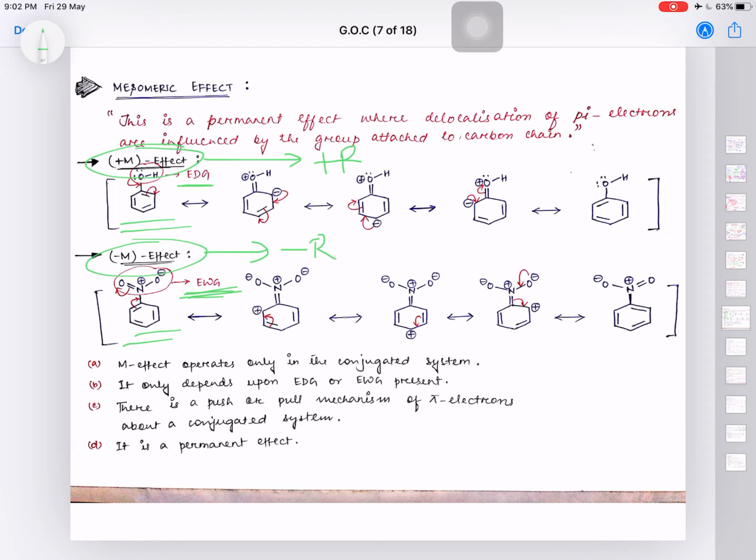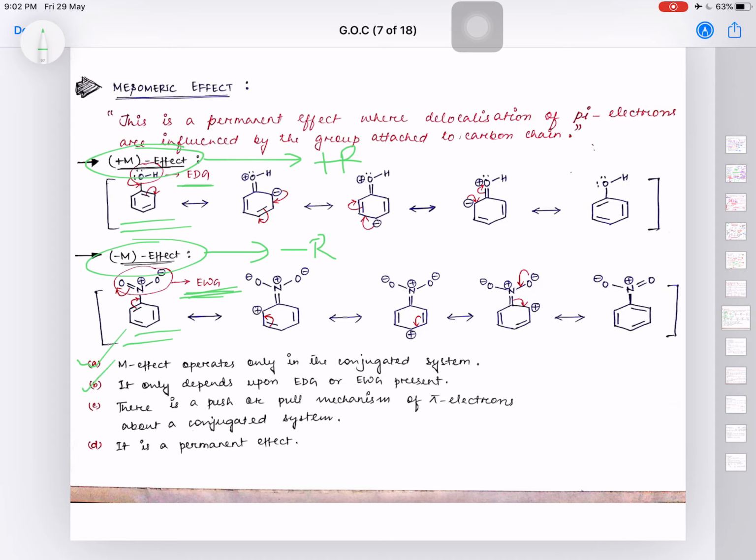The first point to keep in mind is that Mesomeric effect is only applicable in conjugated systems, meaning pi electron systems.